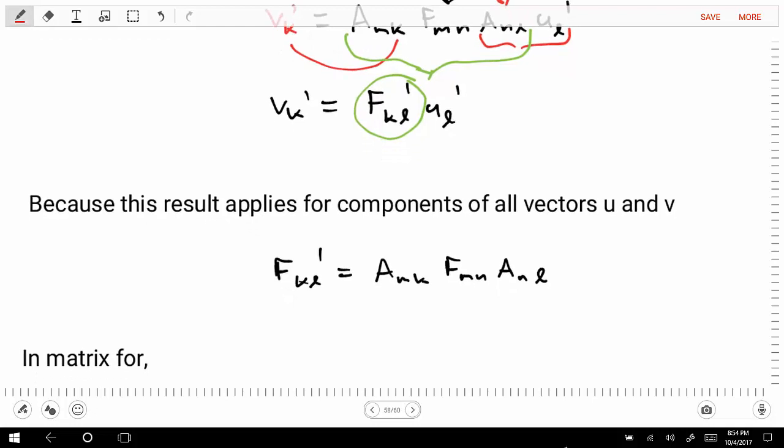And let's again identify our dummy variables. Our m's are dummy variables, our n's are dummy variables that are eliminated.